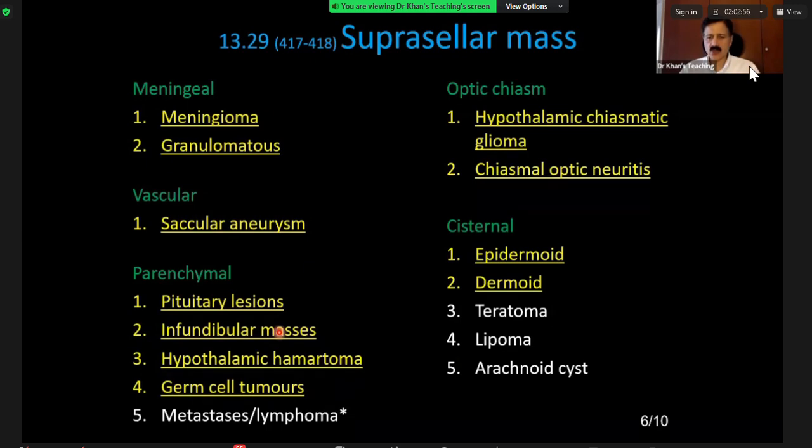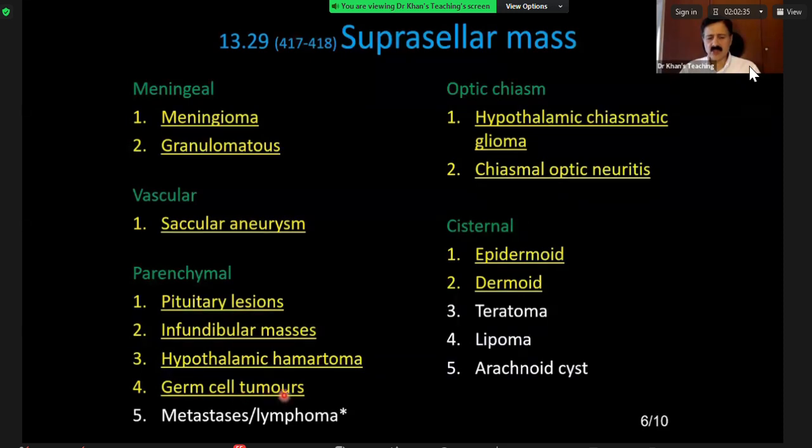If you do not make up your mind what is the epicenter, you will not go into the fine touch. Then look at these, hypothalamic hematoma. This is what your case is, by the way, so your diagnosis is correct. But how did we reach this? This is what I am trying to elaborate here.